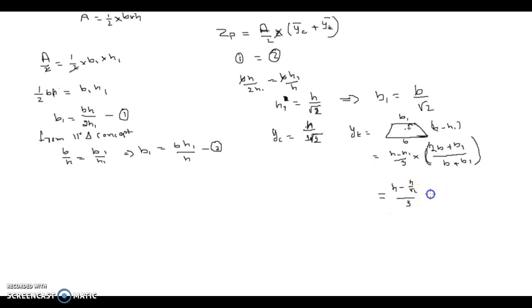This is 3 multiplied by 2b, plus b1, which in terms of b is b by root 2, divided by b plus b by root 2. So what I'm going to get here is h by 3 into root 2 minus 1, divided by root 2.